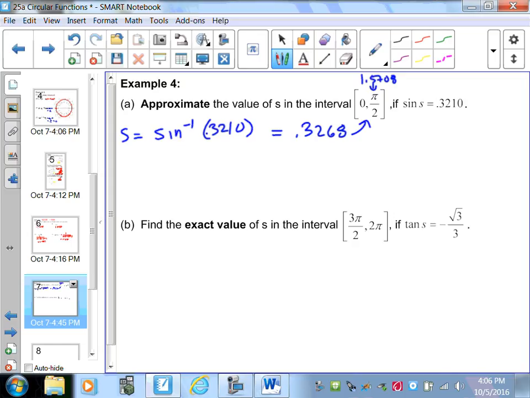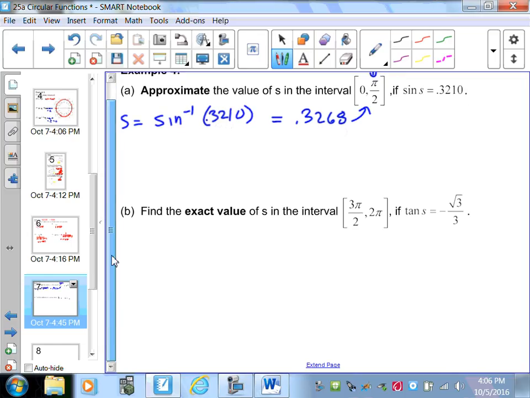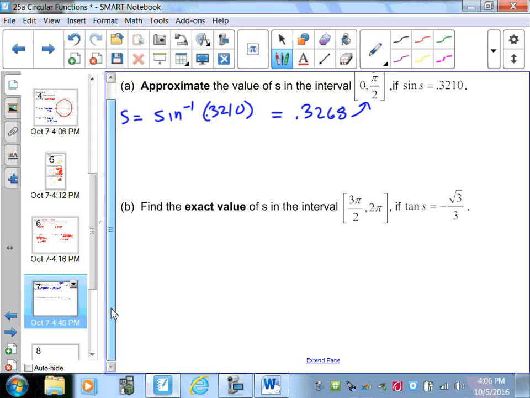Okay, here we go. Find the exact value of s between the interval of 3 pi over 2 and pi over 2. Well, what quadrant is that? This is obviously in quadrant 4.